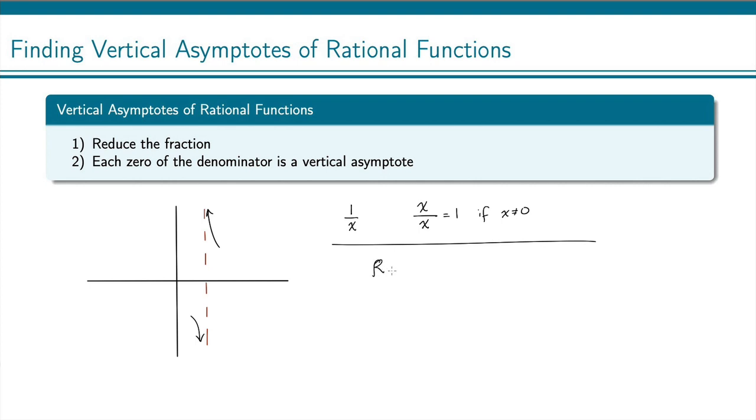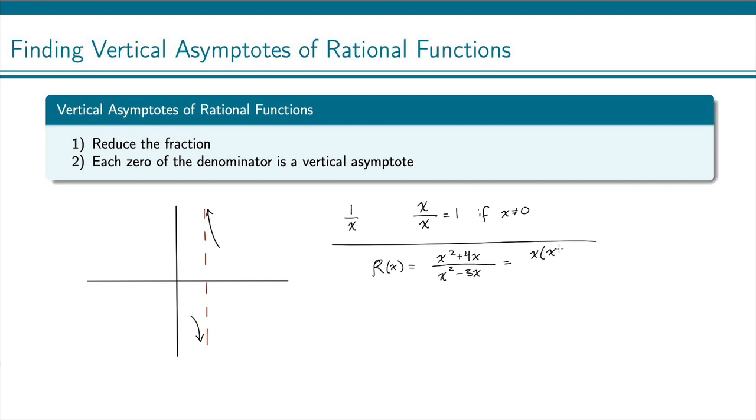We have r of x, our rational function, is x squared plus 4x over x squared minus 3x. To reduce this fraction, we're going to factor the numerator.